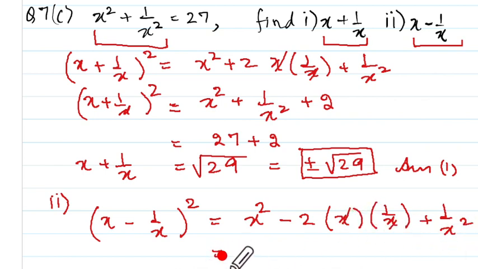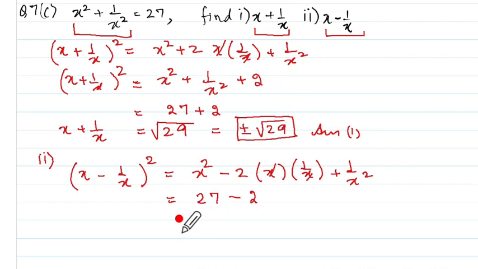So we will have x squared plus 1 upon x squared is 27, and this will be minus 2. So I'm skipping one step here, and that will give me 25. So my x minus 1 upon x will be under root this. So that will be plus or minus 5.